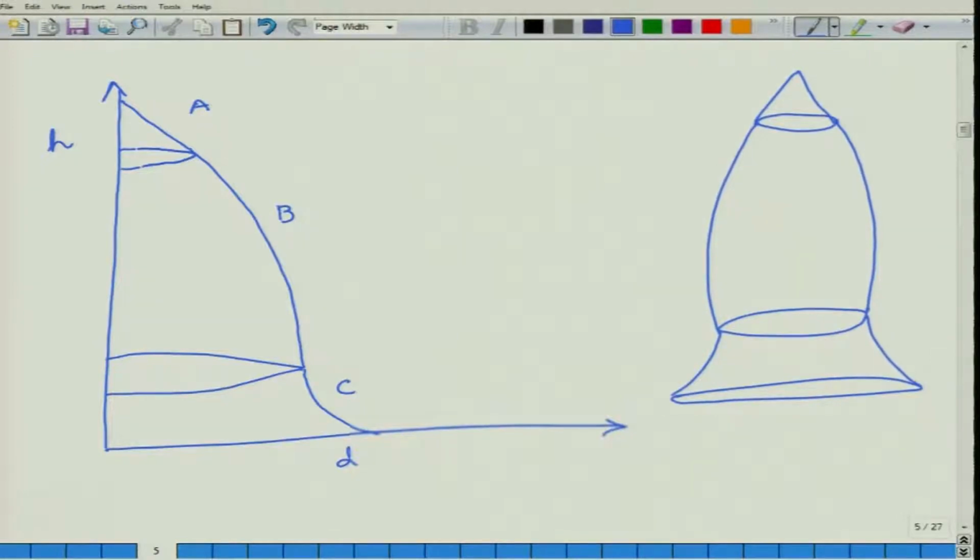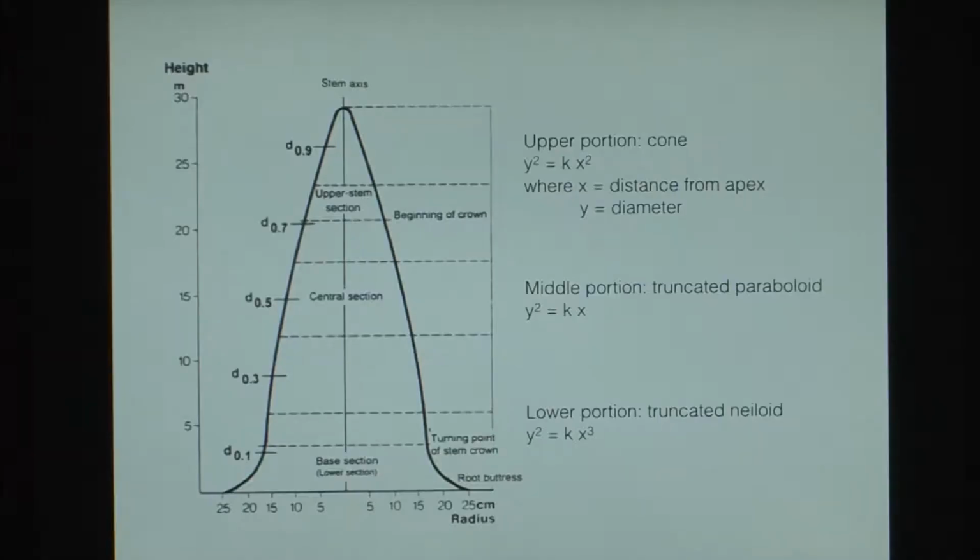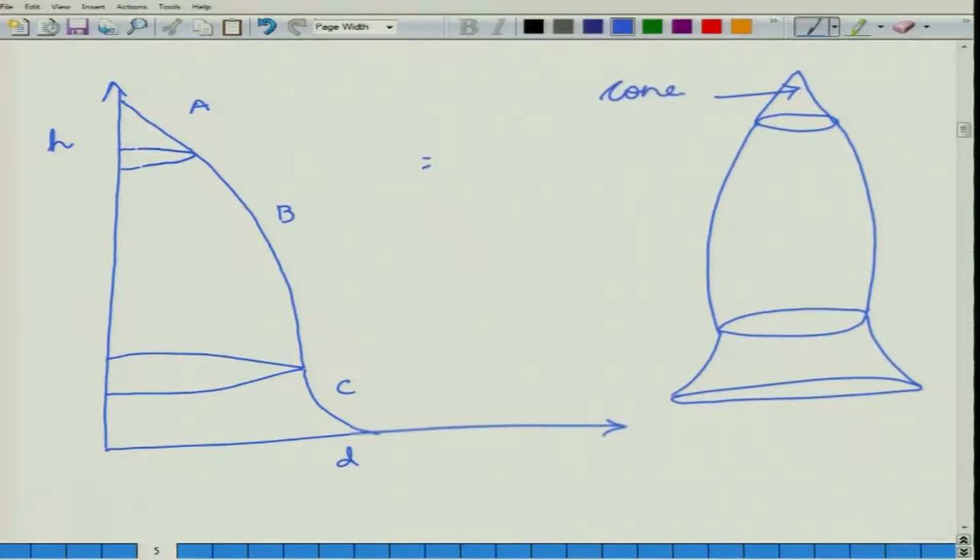If we describe the shape of a tree as this, we could derive equations for the various parts. This portion, because it is a cone, will have an equation of y equal to kx. Traditionally we write these equations as y square equal to k1 x square, which is the equation of the upper portion, the cone. Here x is the distance from the apex and y is the diameter.